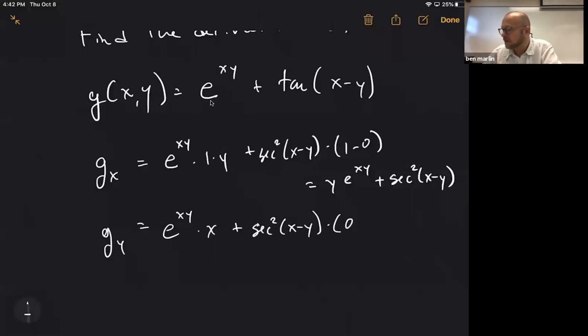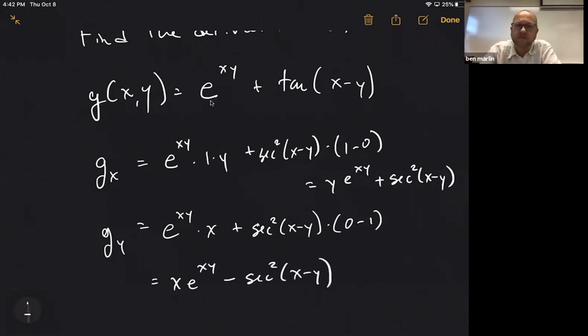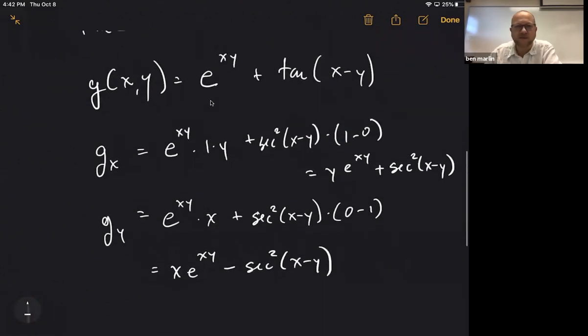So the derivative of x is 0, and the derivative of minus y is minus 1. So tidying up, we'd have x e to the xy minus secant squared of x minus y. Boom, done, okay? I say boom, done as though that's super easy.